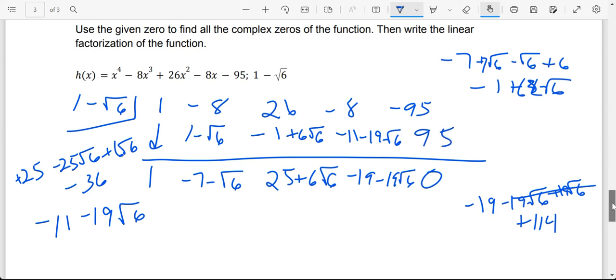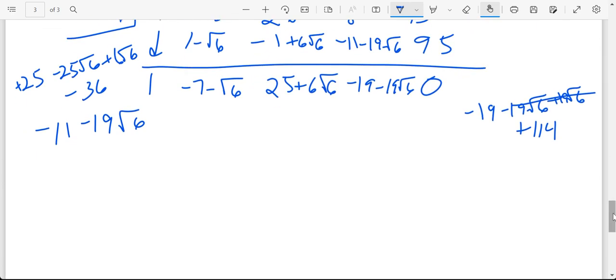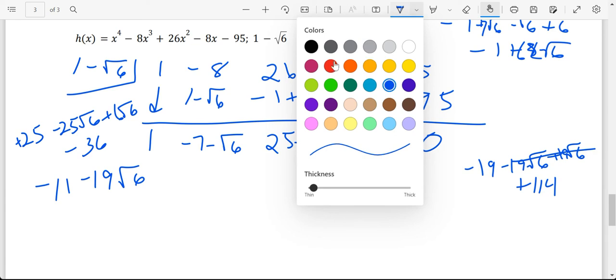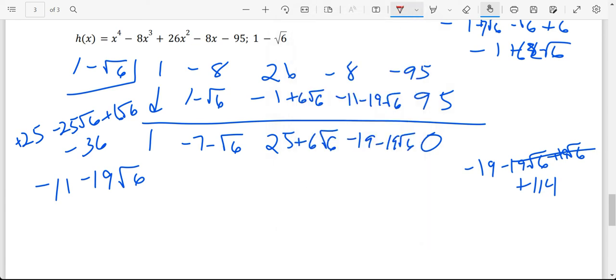We did 1. Remember our conjugate root theorem. If 1 minus root 6 is a 0, then 1 plus root 6 is also a 0. So bring down what we have here.